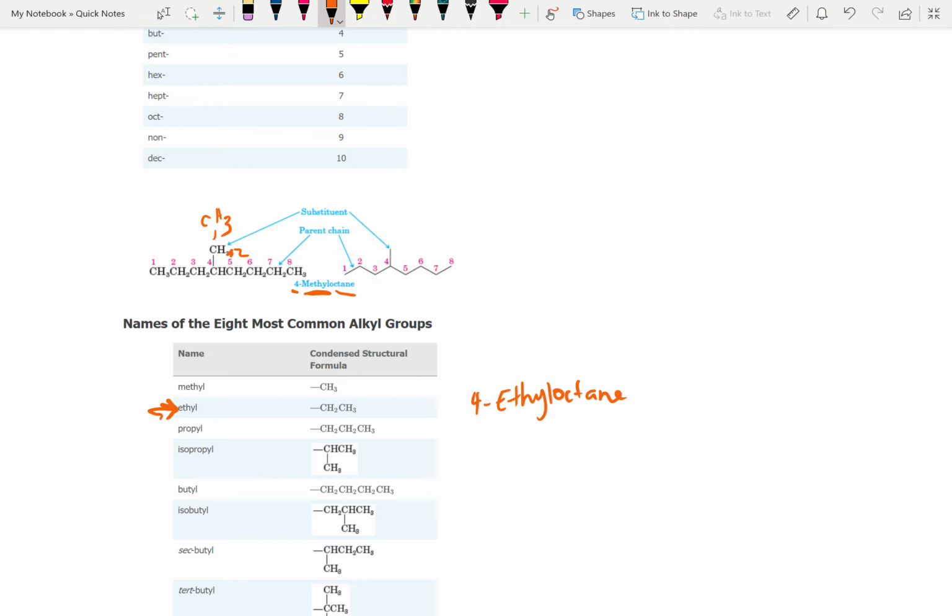And if that was another CH2 group and that was bonded to another CH3, so now we have 3 carbons there, that's where you get the propyl from. So then it would have been called 4-propyl octane. Octane is because we have the 8 carbons here. You see that?